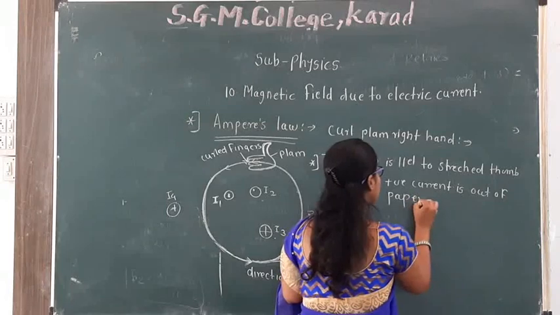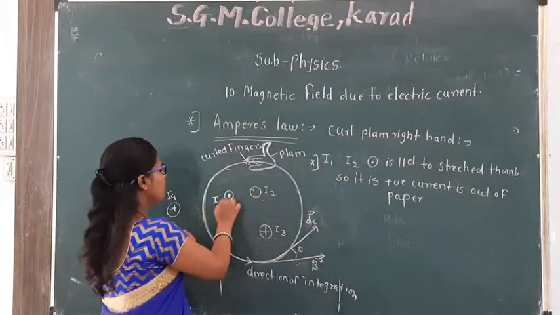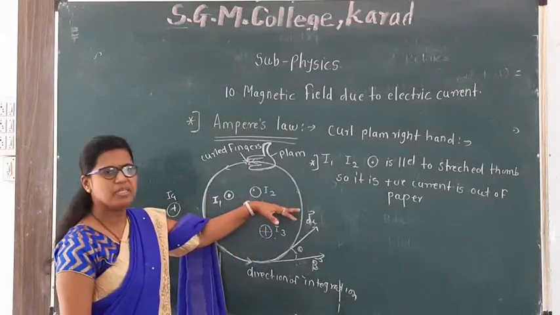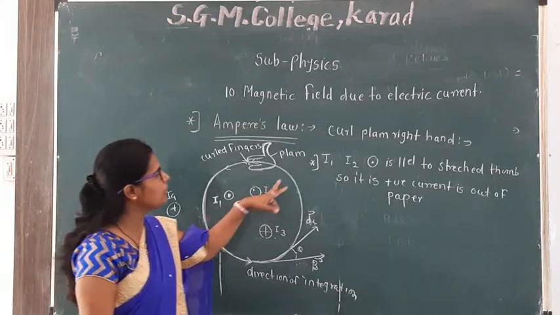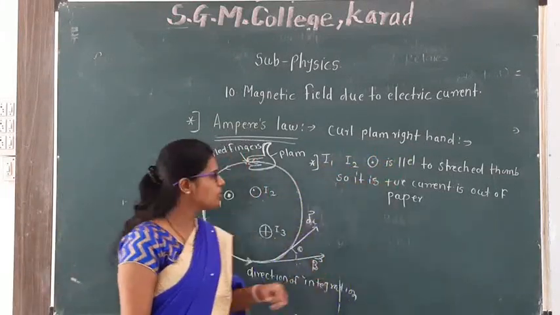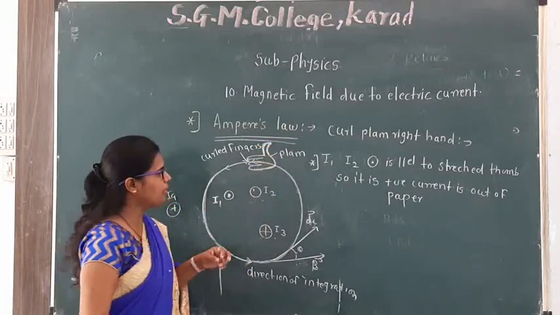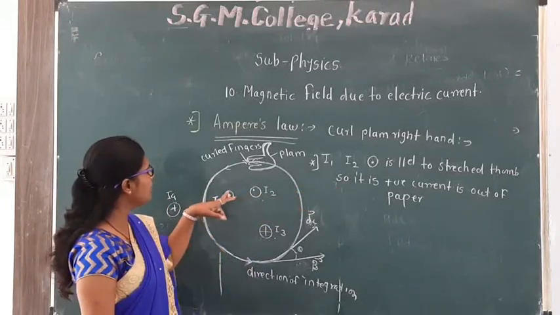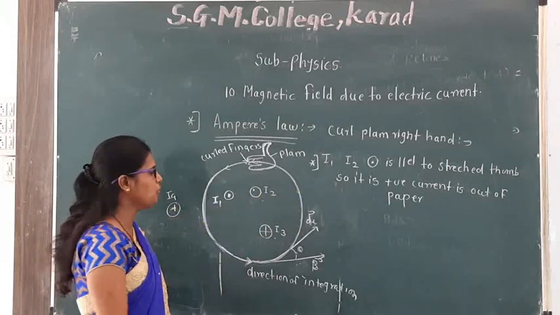Out of paper means I1, I2, I3 are perpendicular to the plane of the paper, and when the direction is not given, we can find it by using the curl right hand rule. The outstretched thumb also gives the direction of the current. Out of paper means I1 and I2 are directed upward, so I1 and I2 are positive.